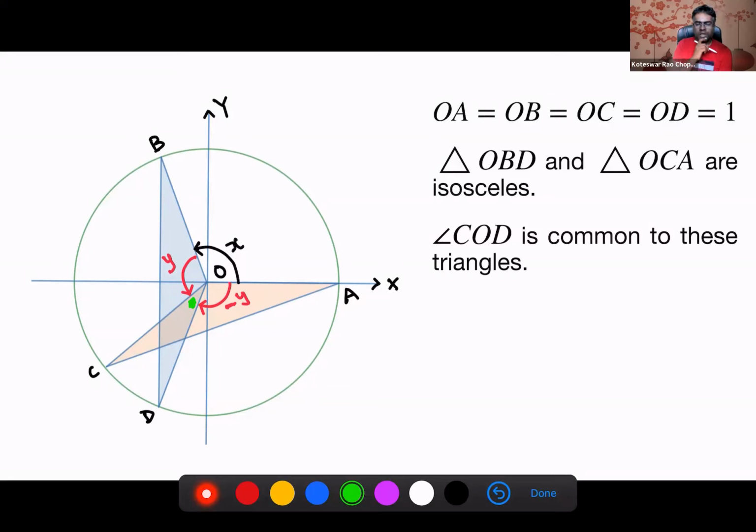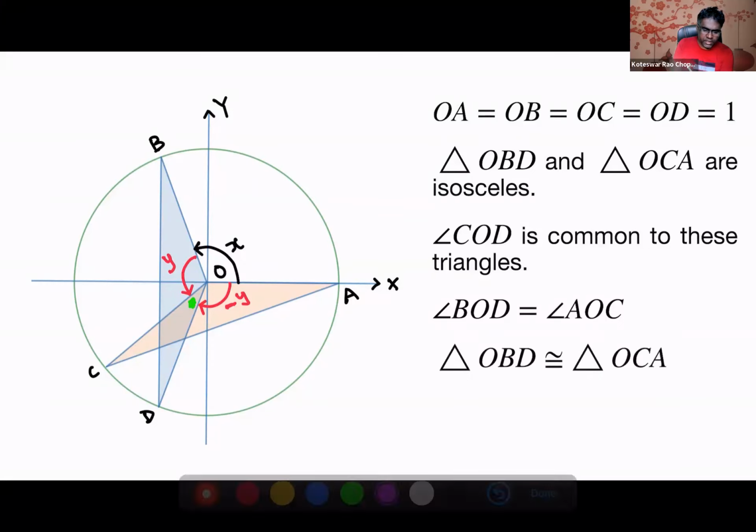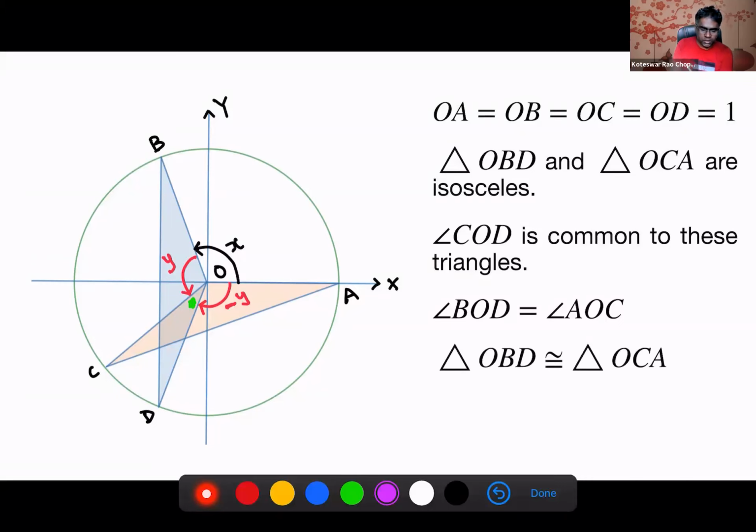It is present in both these triangles. Let's say that green dot gives us some angle alpha. Now in triangle OBD, this angle at the center is y plus alpha.